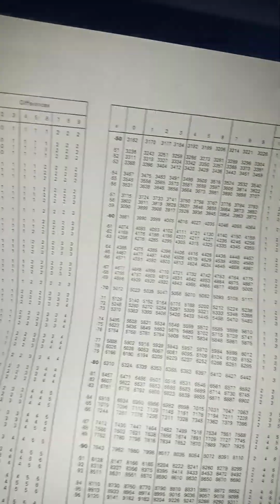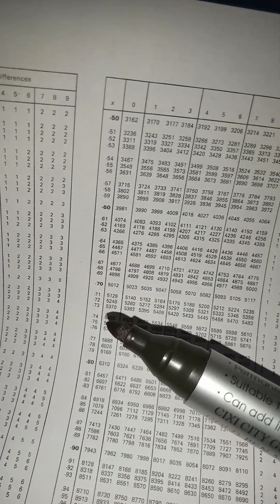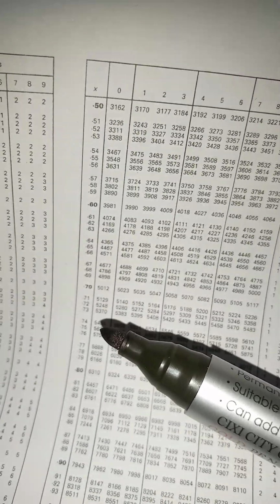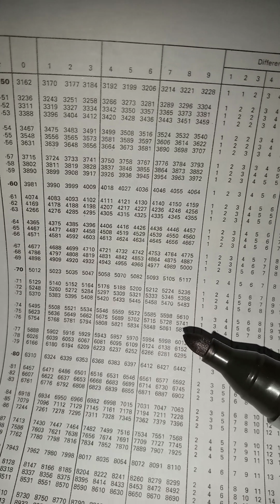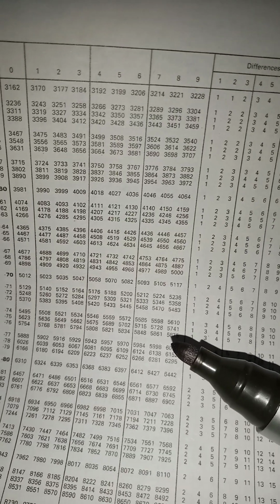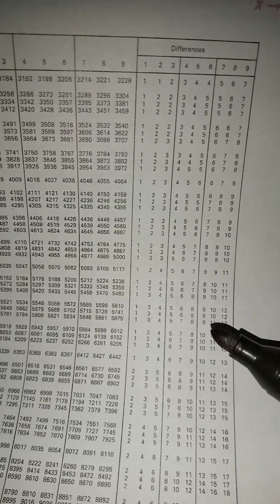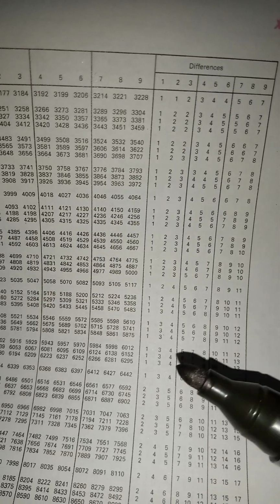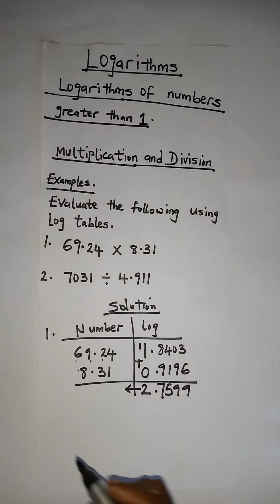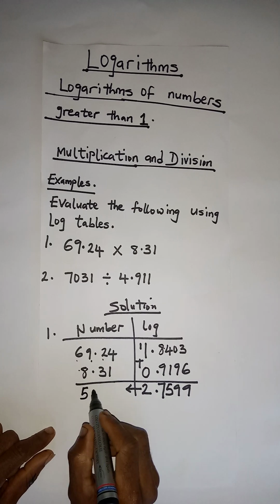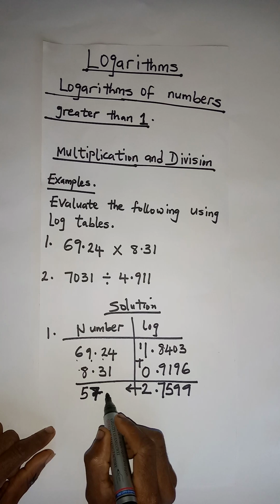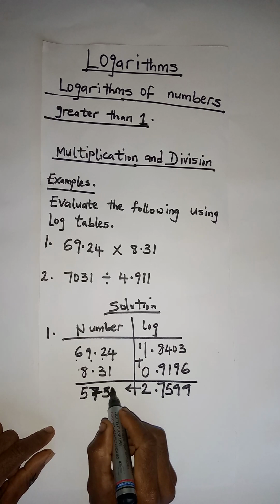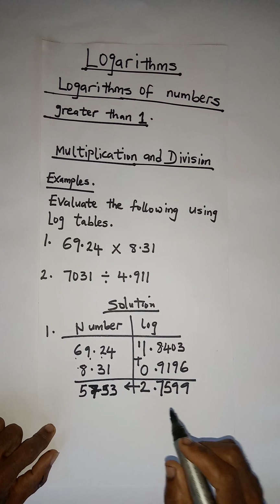Here is 75 under 9, which is 5741. Difference 9, you add the difference to it. Difference 9 is 12. So when you add 12 to 5741, we're going to have 5753.